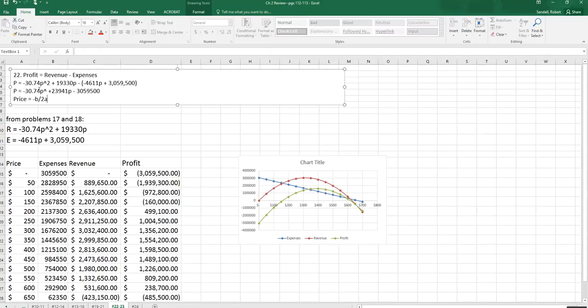So here's our B and here's our 2A. If we do the actual math on that, you can do that on your own. Again, negative this number, divided by 2 times A, is going to give you the price of $389.41.